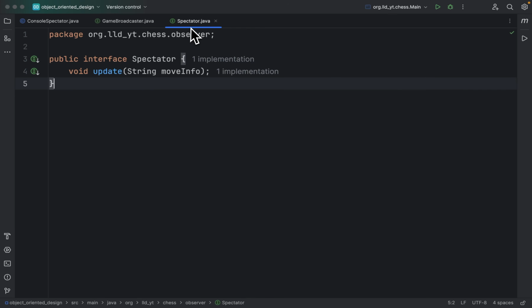Right. And the spectator, or you can say observer, will have this function called as update. So the game class will make a particular move, and all the details of that move would be sent to the observer. Okay, so it will be sent to the observer using this update function of the observer.